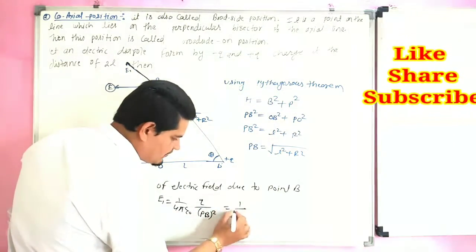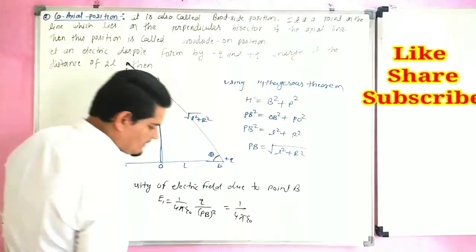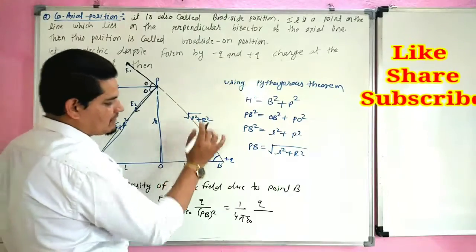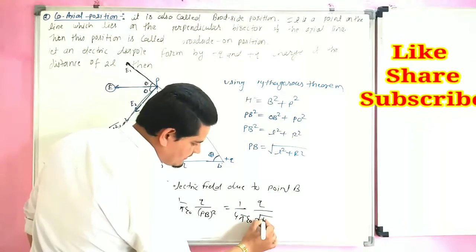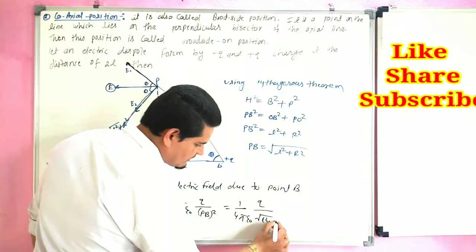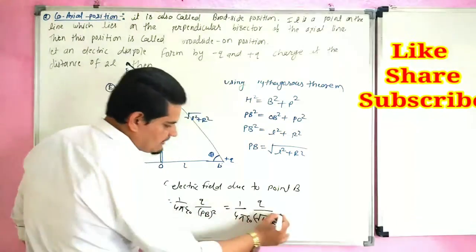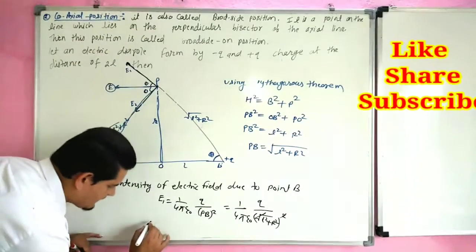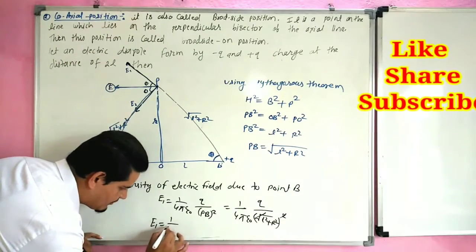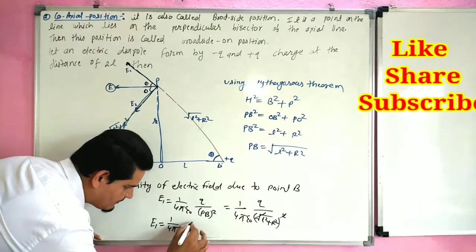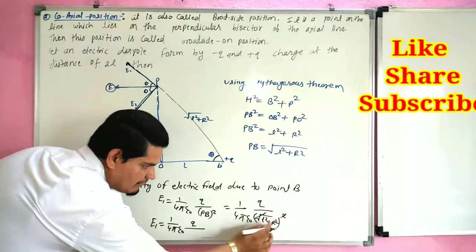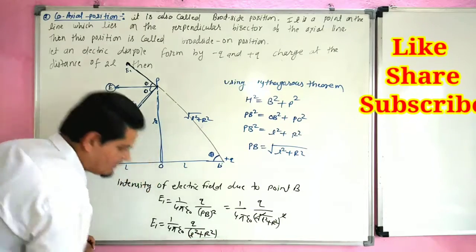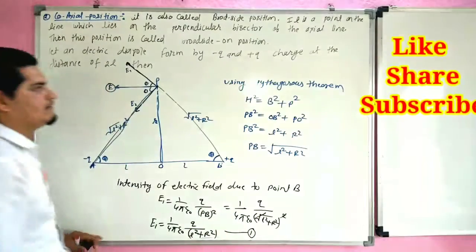So we can write 1 upon 4 pi epsilon naught Q upon under root L square plus r square, whole square. The square is cancelled by the root, so E1 equals 1 upon 4 pi epsilon naught Q upon L square plus r square. This is equation number 1.